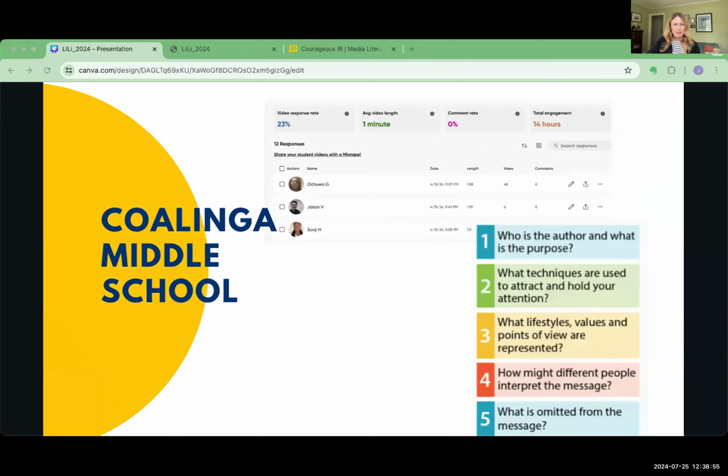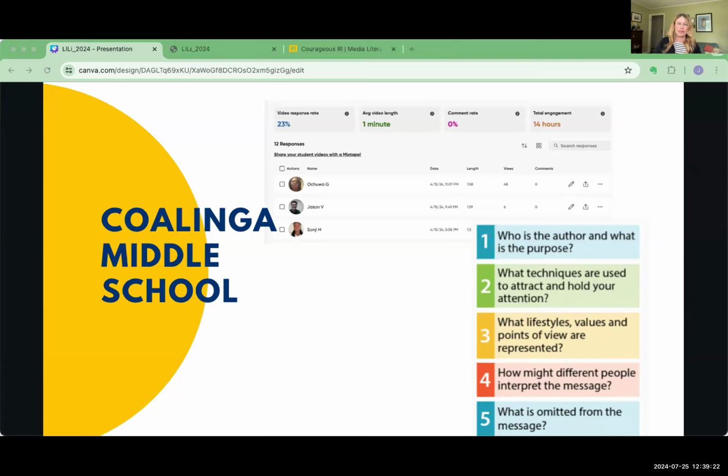And then the final conversation was with the middle schoolers. And this one had a lot of logistical issues because they're much like this conference. We're in Central Time and they were out in California in Pacific Time. So between that and class schedules, we ended up having an asynchronous conversation on Flip. And we used the Why Media Literacy Matters curriculum.